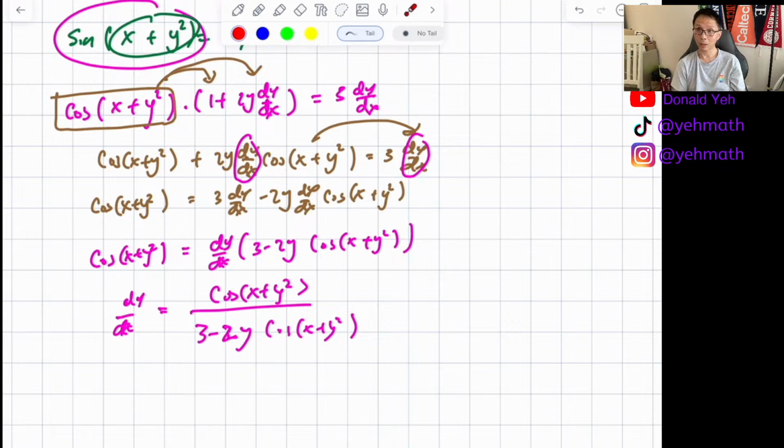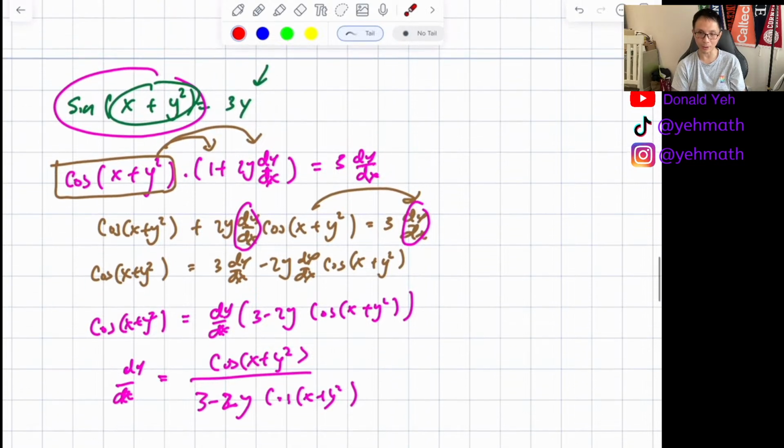For the test, would the questions be like find dy over dx, or would it just be find the derivative? That's a great question. I would just say find the derivative, and you have to know when to use implicit. In this question, I know it's implicit because of y squared. Anytime you have a mixed term like x squared y, then it's an implicit derivative. You have to know when to use implicit derivative.